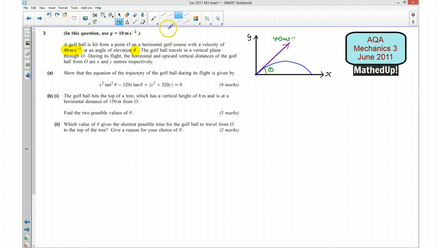Okay, I'm now going to write down a vector for my displacement. So I'm going to use the equation S is equal to ut plus a half of at squared. Over here I'm going to have my x and my y.